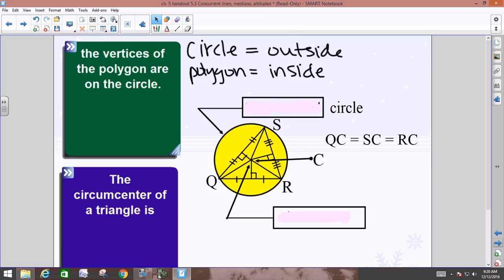When a circle is circumscribed about, the circle's on the outside, and the polygon will be on the inside of the circle. And each vertex of the polygon has to sit on the circle.